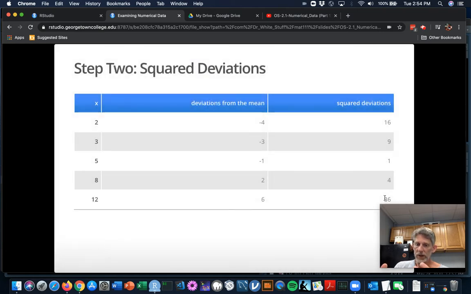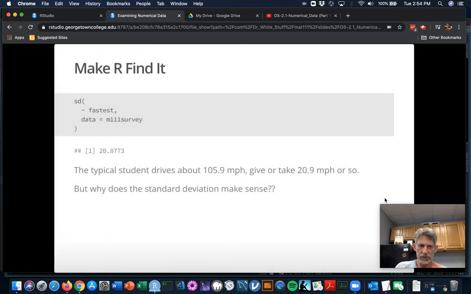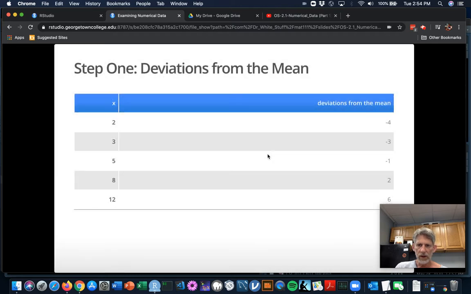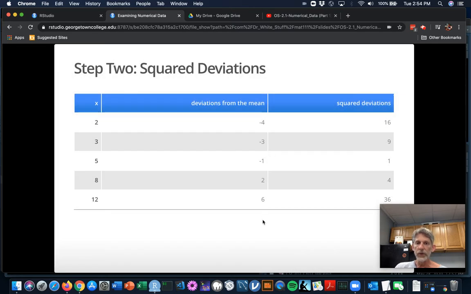Now, in the formula, it said you had to square these deviations. Remember? See the little squares here? So we're going to need to do that ourselves in the next step. So squaring the -4 deviation, you get 16.